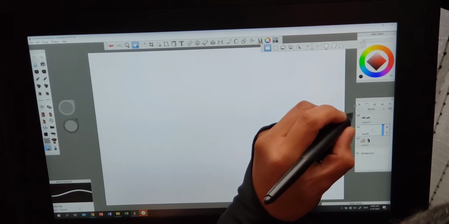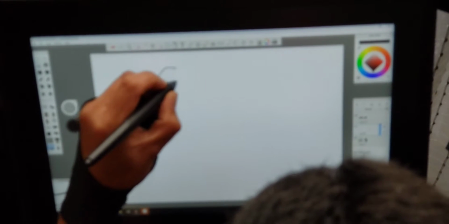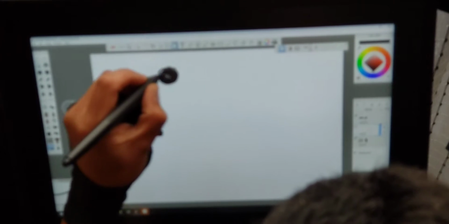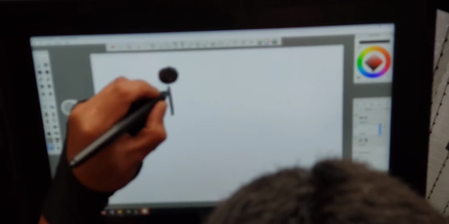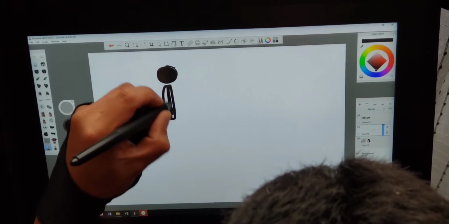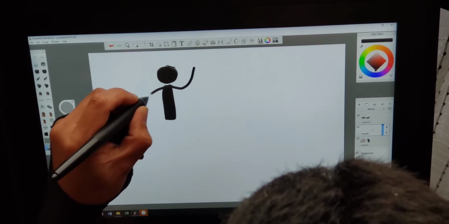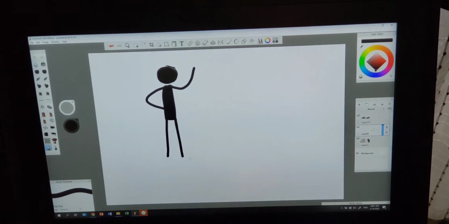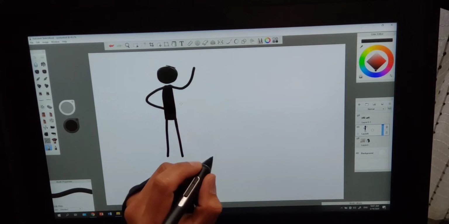For example, if I draw a person over here and color it black, then my positive space is what I draw. My negative space is everything around this person.